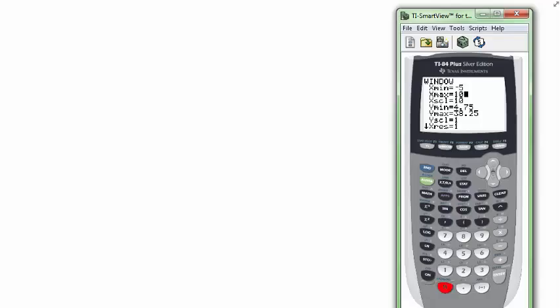In fact, I could have gone from negative 10 to 10. Let's say a scale of 1. That scale is not a big difference, so don't worry about it. The y min goes down to negative 26, so I'll go to negative 30. The largest y value was 18, so why don't I just jump to 20. Okay, let's graph it.